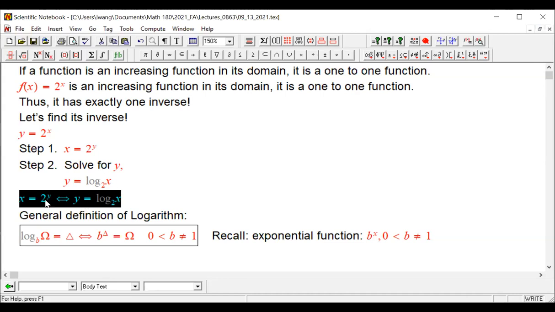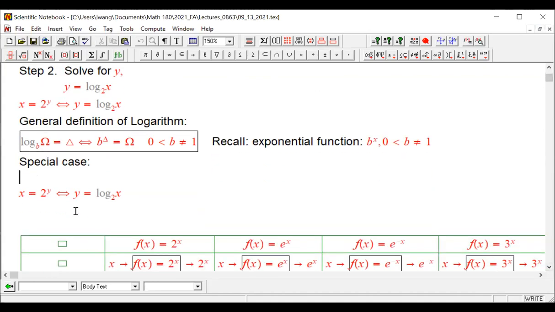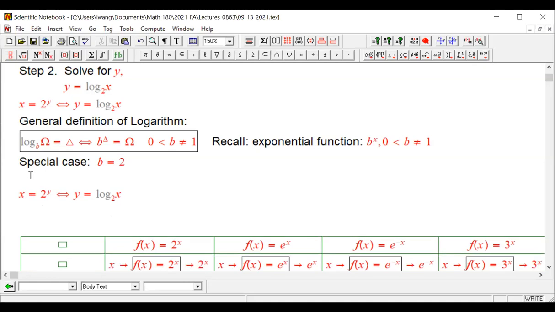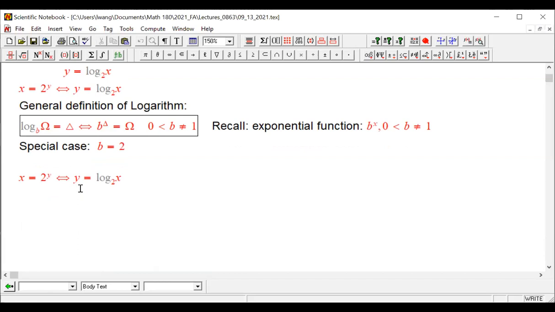Now we're going to bring this together. This is the special case, when the base is 2. Let's see how this works. 2 to the power of y.